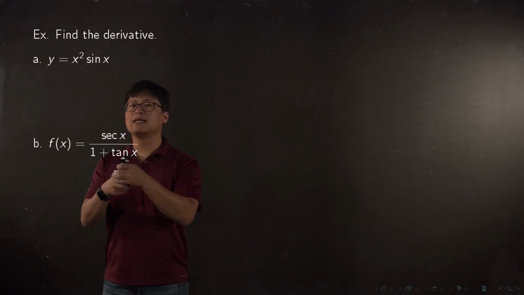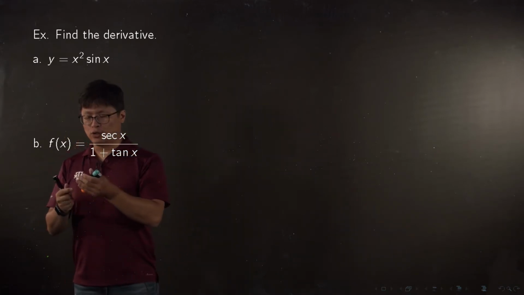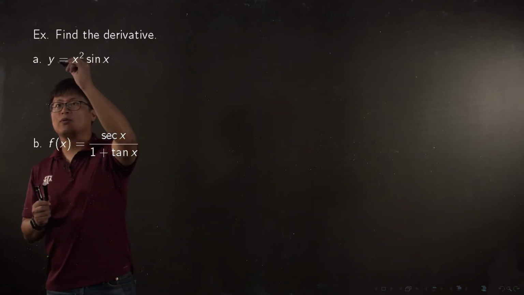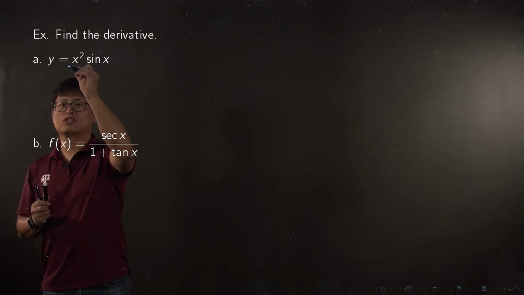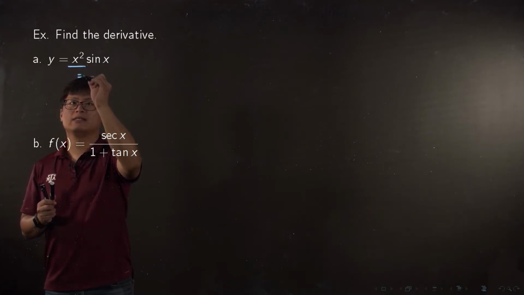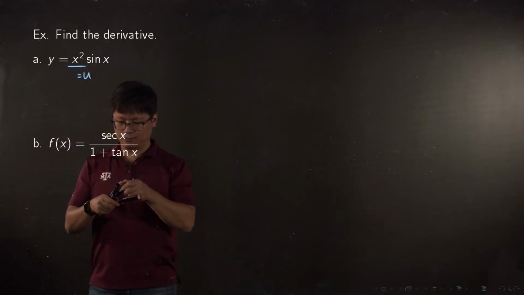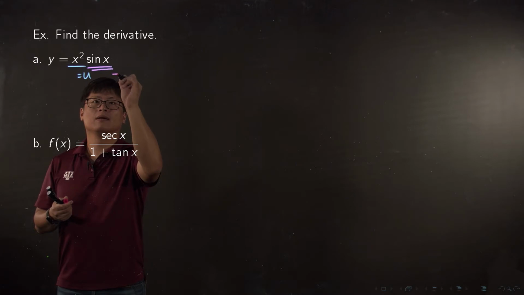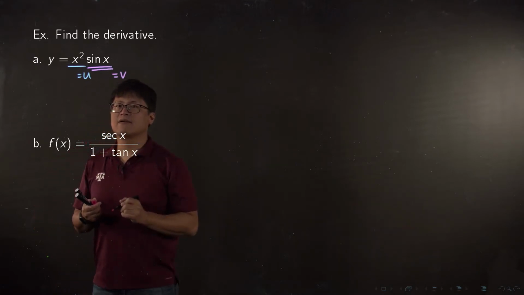As I did before, let me show you how we can use the 4-piece puzzle bracket. First of all, let's say x squared is the first function u, and sine x is the second function v.